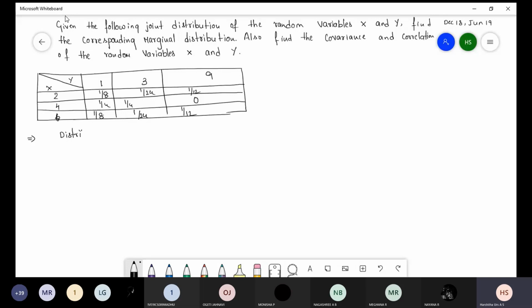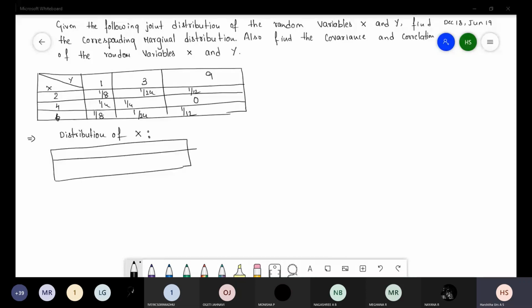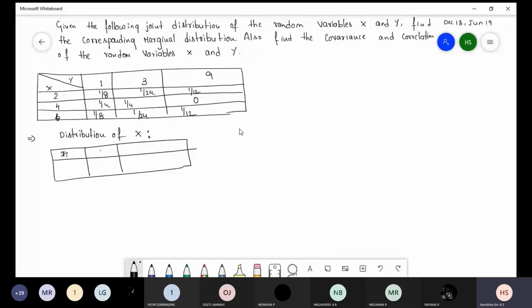Distribution of x. Here x values are 2, 4, 6, and f of xi. What is the first value, f of x1? 1/8.